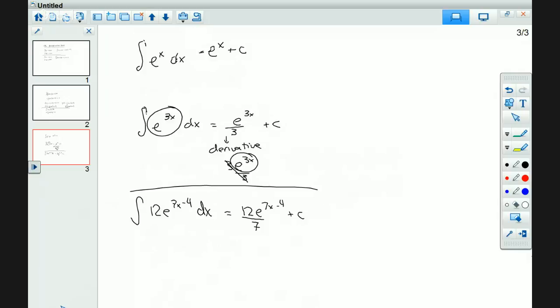So we're good there. You're just having trouble dealing with these. What's the derivative of 7x? 7. Okay. You just divide by the derivative.